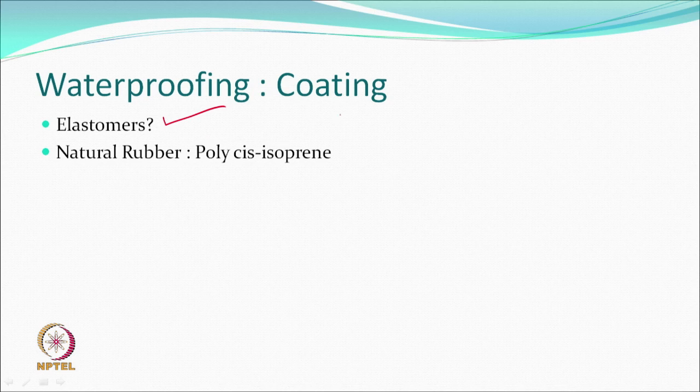So, one of the polymers, a class of polymers which are called elastomers, definitely have low glass transition temperature. What are these elastomers? Elastomers are compounds which can stretch easily. For example, they can stretch to 200%, 300% and come back.